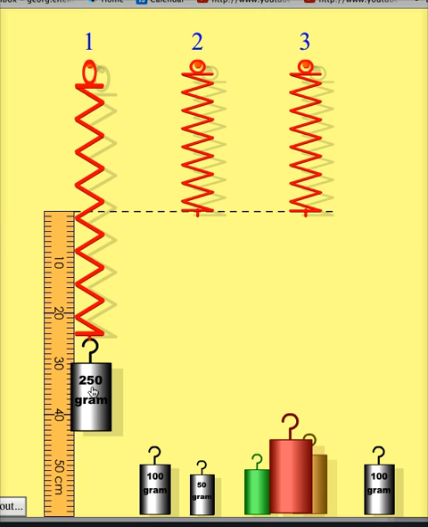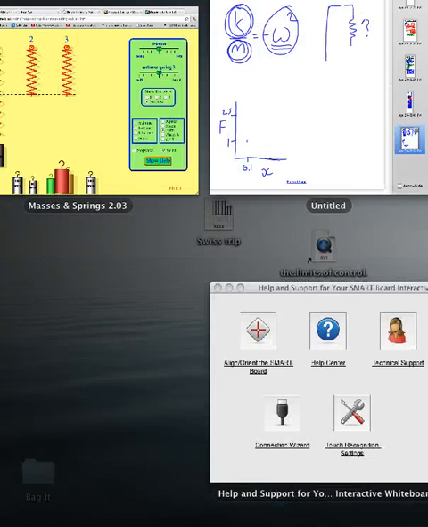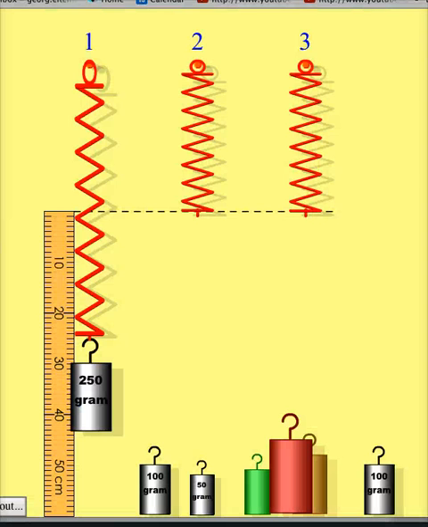mass times gravity will be, well, let me see, 0.25 times 10 is 2.5 newtons. So for 2.5 newtons, let's write that down real fast on our graph. We have a displacement now of 0.25 meters.